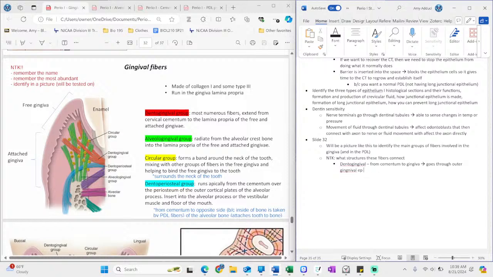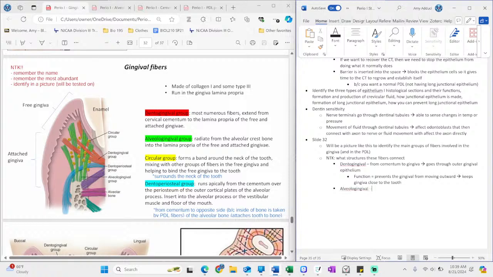What do you think is the function of those fibers? Those fibers are the ones that don't allow the gingiva to move to the outside. They keep them in position. Okay? Then you have the alveolar gingival fibers.